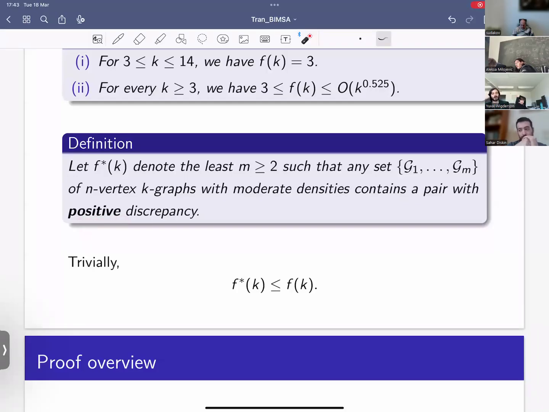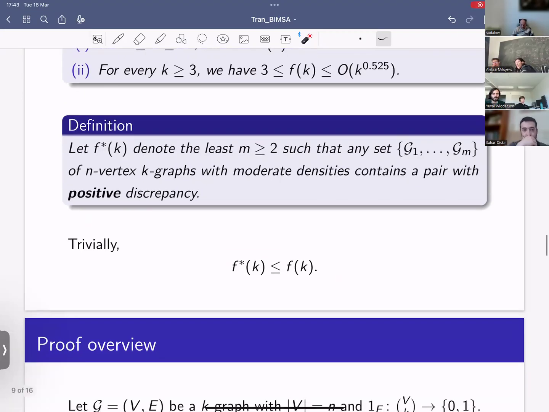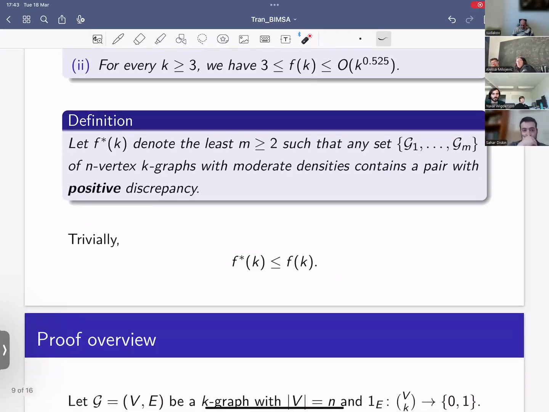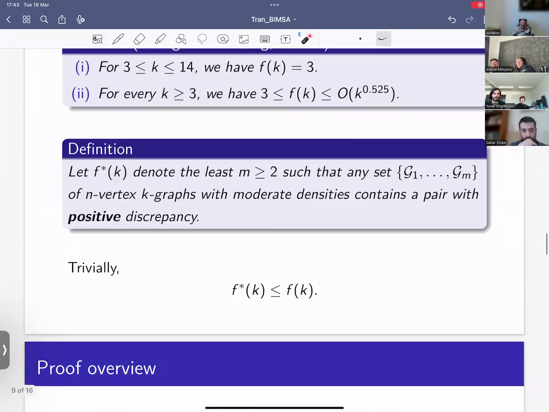So clearly from the definition, f star of k is upper bounded by f_k. Any upper bound on f_k would be an upper bound on f star of k, but not vice versa. I will give an overview of how we can prove an upper bound on f star of k, and later, if I have time, I will explain how to modify it to get an upper bound on f_k.